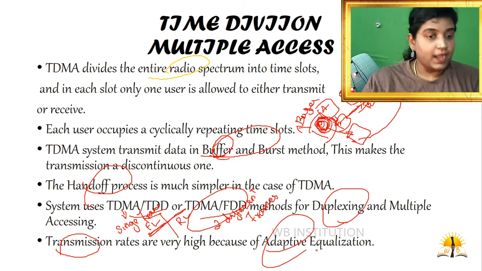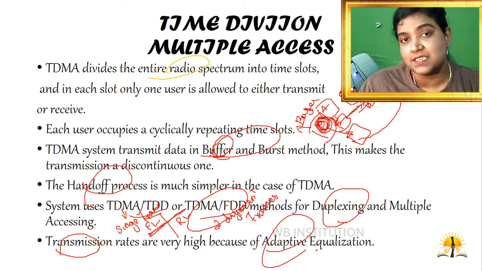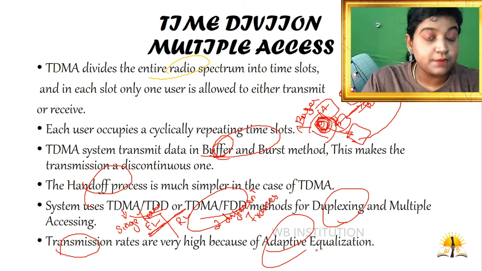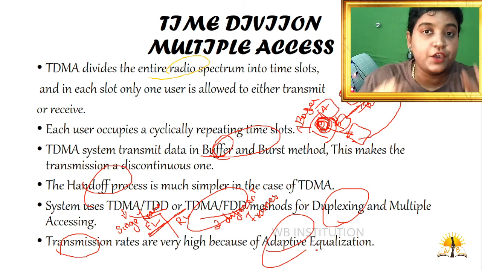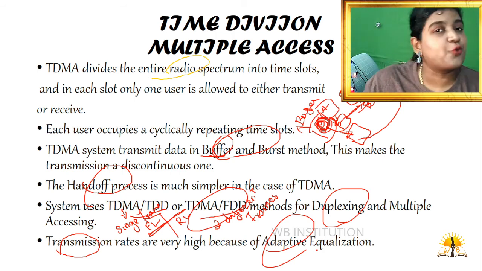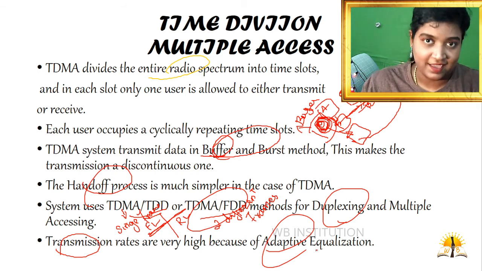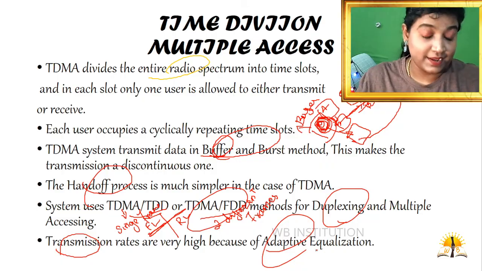But in time division multiple access, the time is slotted and allotted, and the full bandwidth is given to the particular user. Because of this, the transmission rate is very high. Clear?